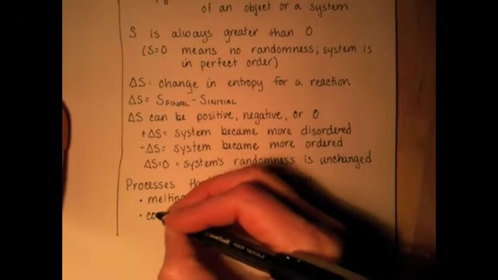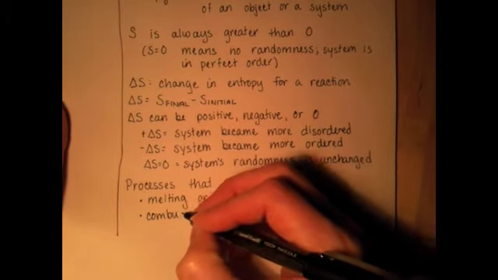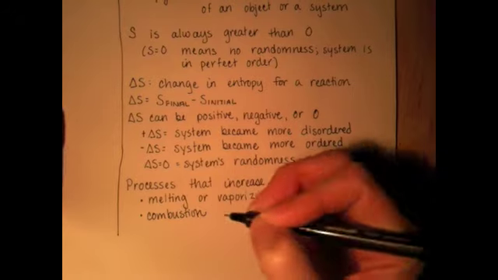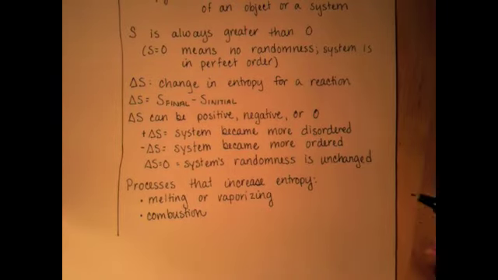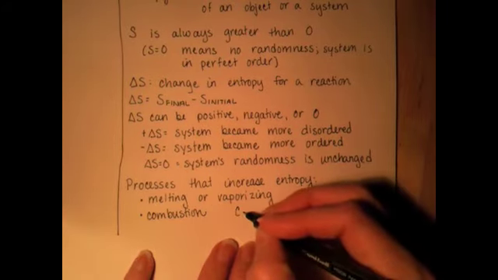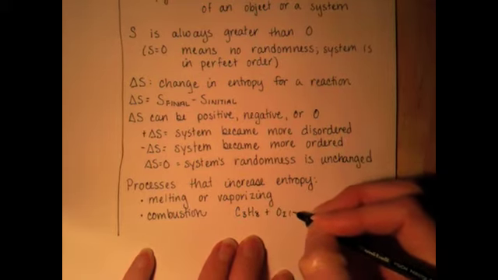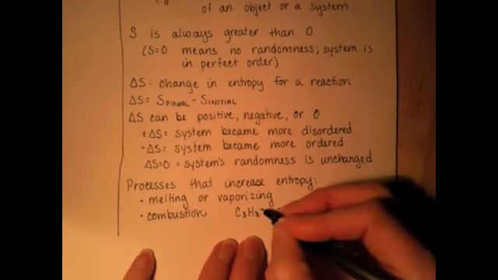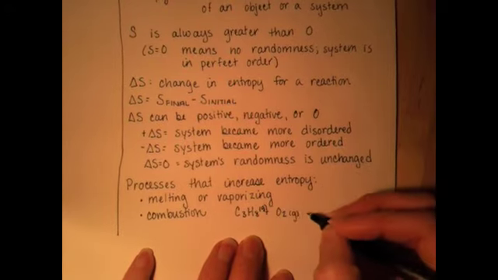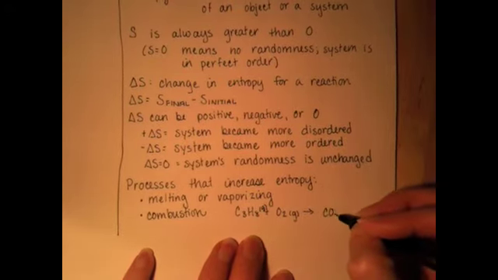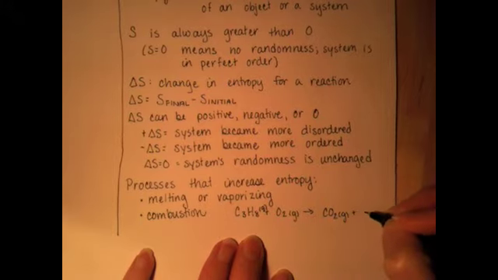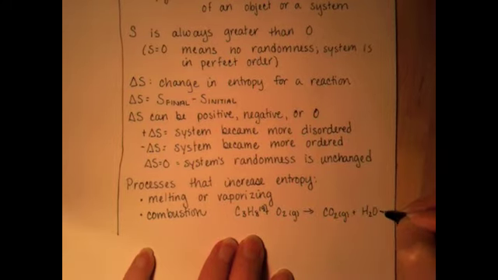Something like combustion, where you are burning some sort of fuel, like let's say propane, with oxygen, which is a gas. We'll say the propane is a gas. And you make CO2 and H2O.